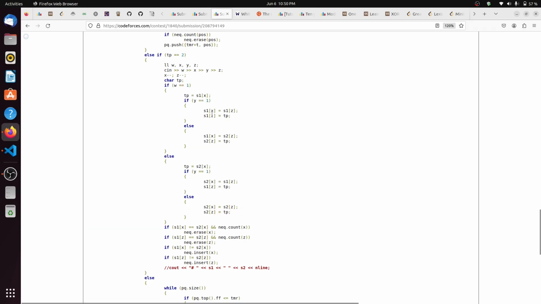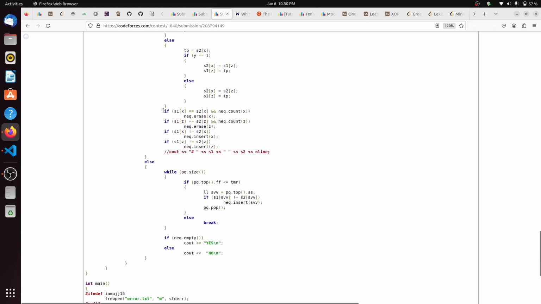Now after this if-else, after swapping, if both s1 and s2 at position x have characters that become equal, and if they are present in the NEQ set, then we will erase them. Similarly, we do it for the other position, one is x and the other one is z as given in the input.